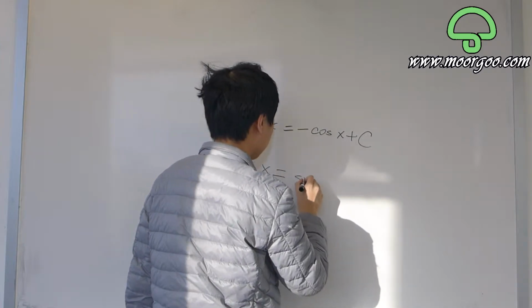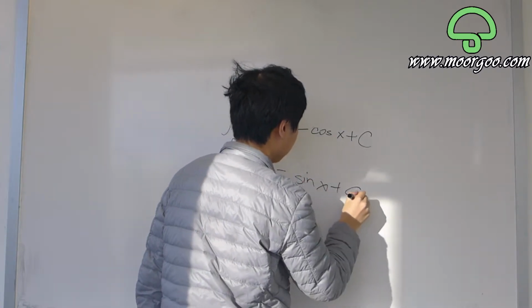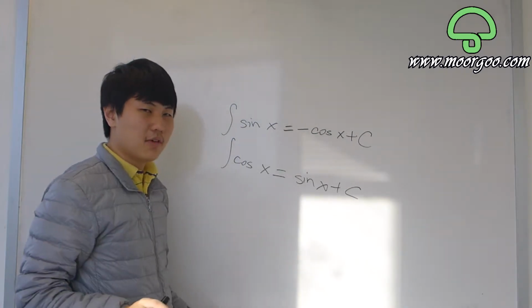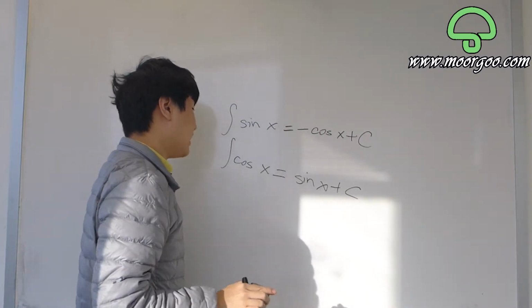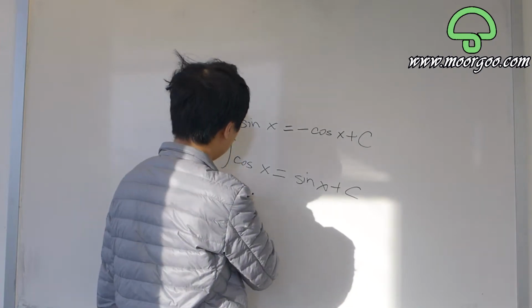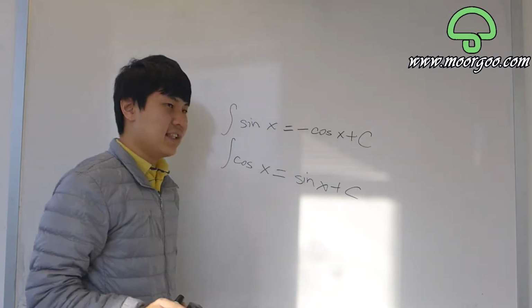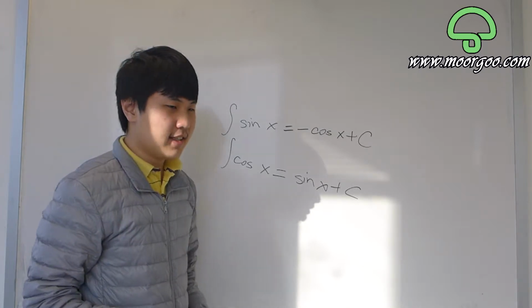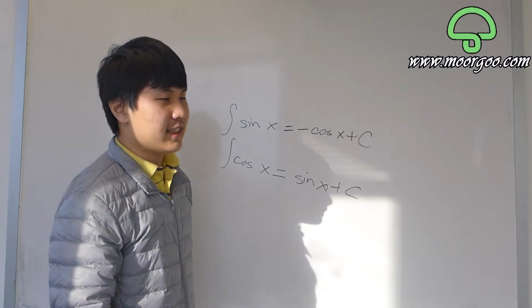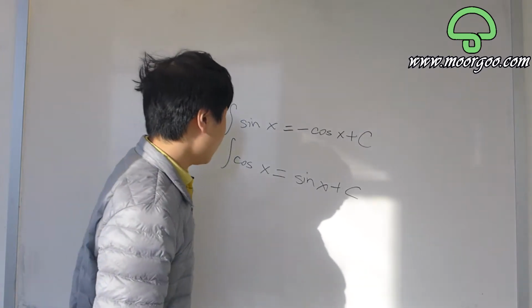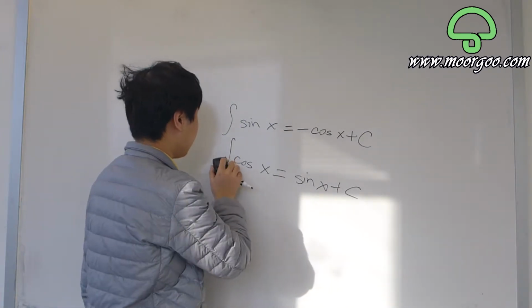This one is equal to sine x plus constant. You won't have trouble with this if you're good at differentiation. But if you can't remember these, and if you're allowed to bring a cheat sheet to the exam, I recommend that you write this down on your cheat sheet.